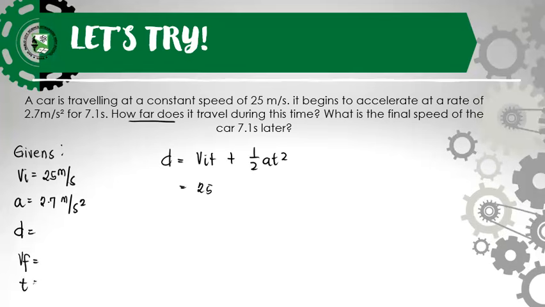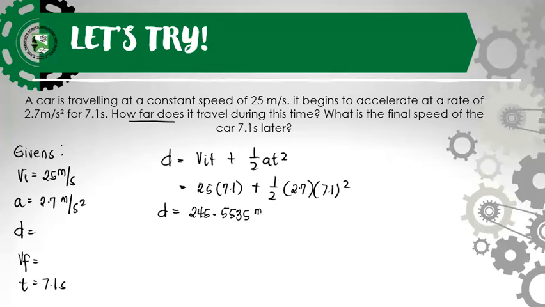So given din pala tayo ng time, which is 7.1 seconds. 7.1 plus 1/2. Okay, our acceleration is 2.7 times 7.1 squared. So the distance would be 245.5535 meters. Okay, so that is the distance.